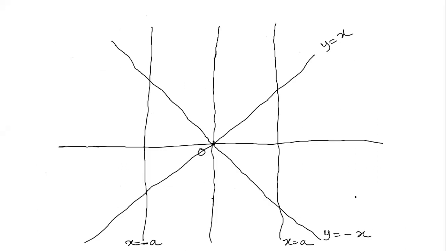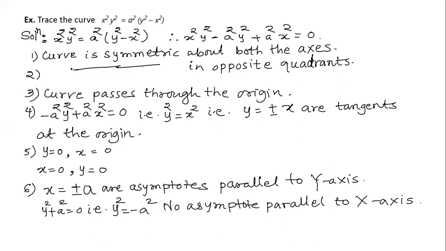The next question here is: does the curve exist between x equal to 0 and x equal to a? For that, let us put some value of x and find the corresponding value of y square. For the same, I am going to take y square to one side. So this can be written as a square x square is equal to a square y square minus x square y square.